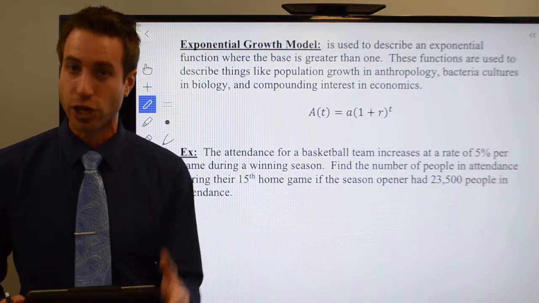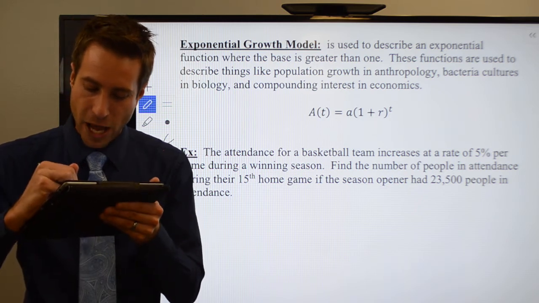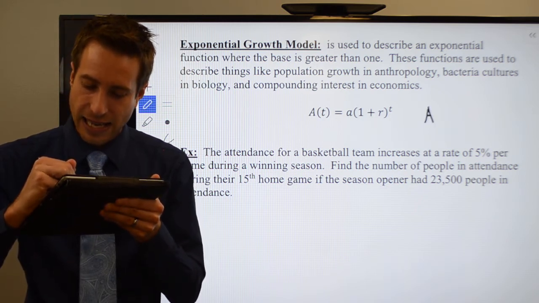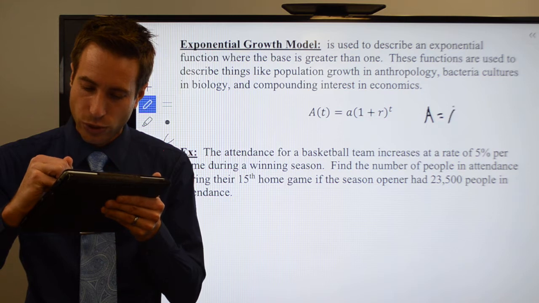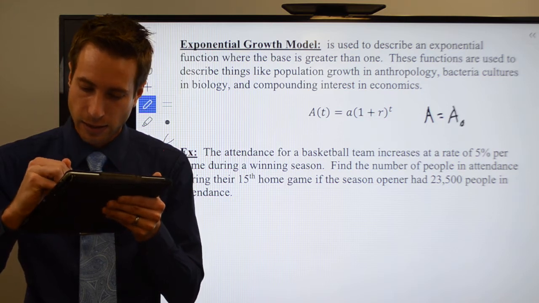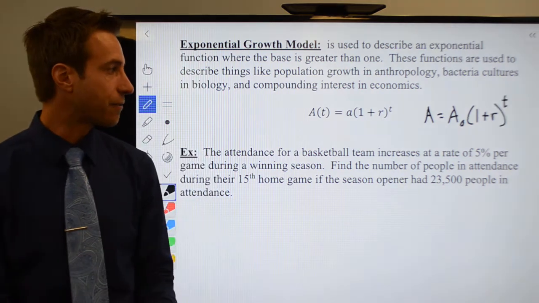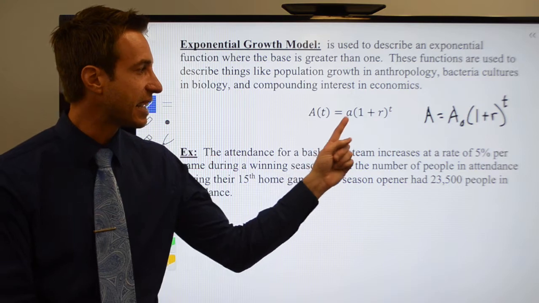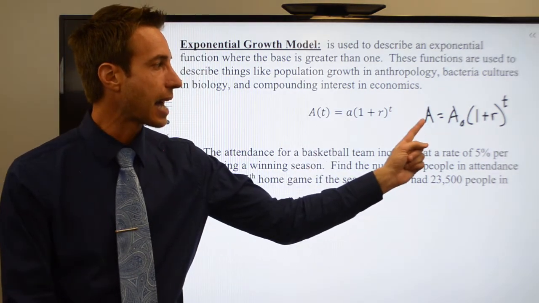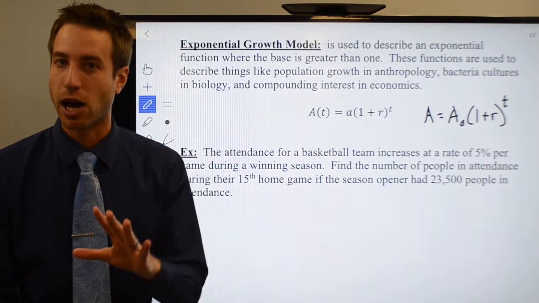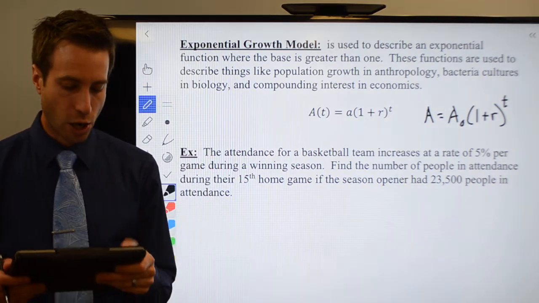The notation will just be slightly different. You might see it like this. Capital A is equal to A naught times the quantity 1 plus R raised to the t power. The only difference here is instead of using A sub t and a lowercase a, we'll use capital A and A naught. And I'll talk about what both of those mean right now.